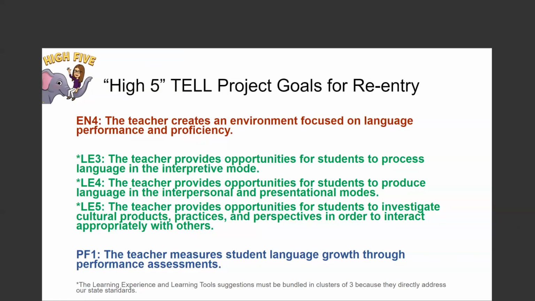LE4 looks at teachers providing opportunities for students to produce language in the interpersonal and presentational modes. And LE5 looks at teachers providing opportunities for students to investigate cultural products, practices, and perspectives in order to interact appropriately with others, and when we look at that cultural component. And finally, PF1 looks at performance, and we want to make sure we're always focused on teachers measuring student language growth through performance assessments, so students showing us what they know and can do with the language that they're learning.